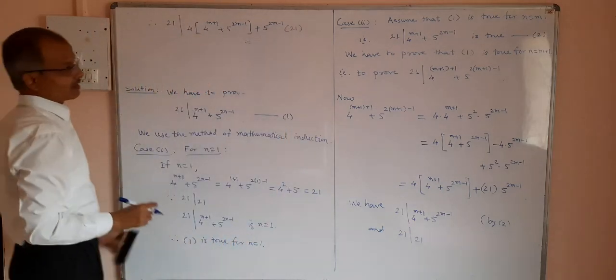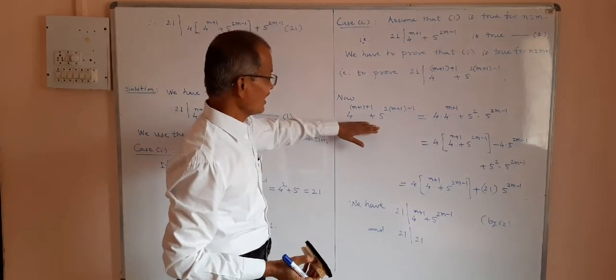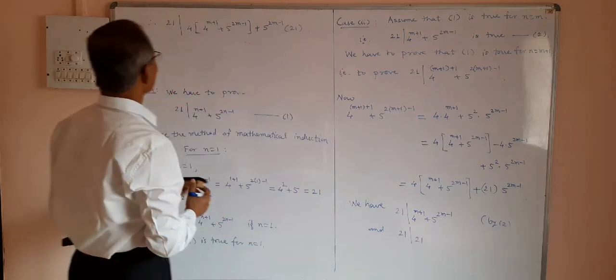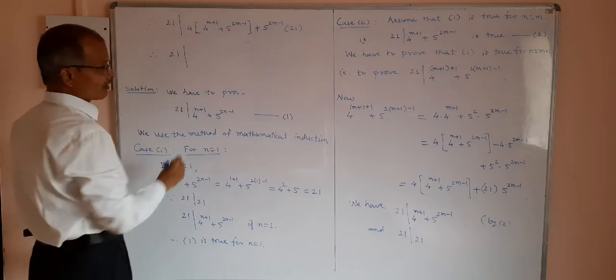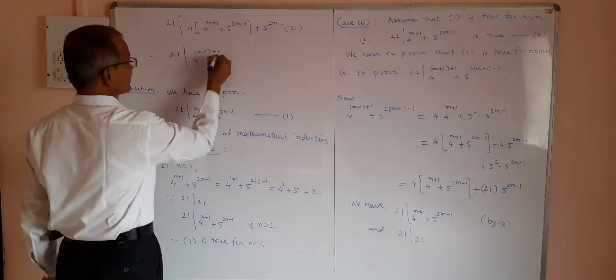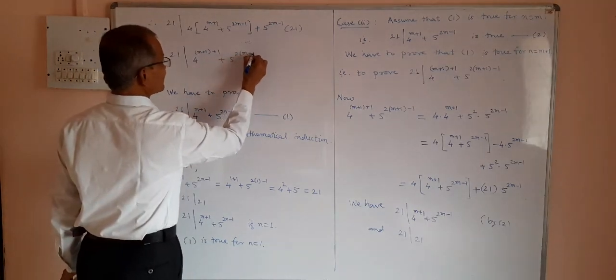But you see, this is the same as this one, and thus 21 divides this number, which means the left side number, and therefore 21 divides 4 to the power m plus 1 plus 1 plus 5 to the power 2m plus 1 minus 1.